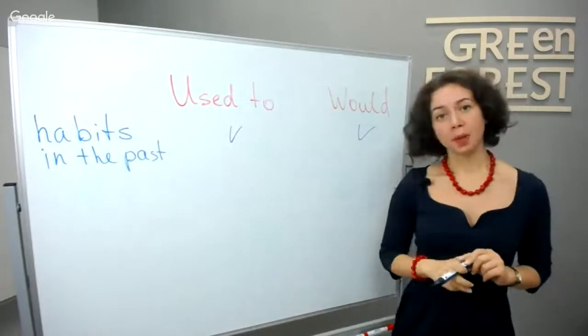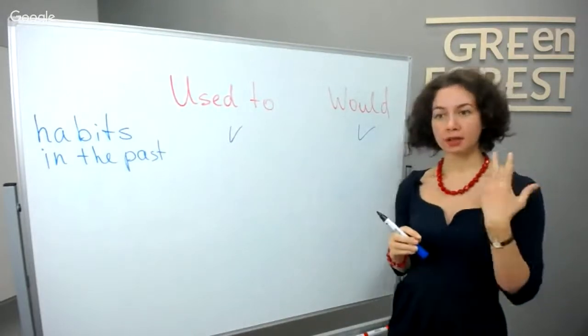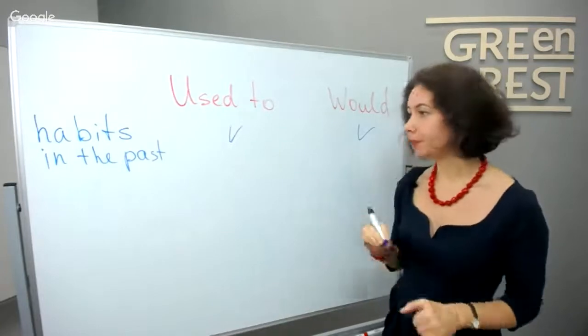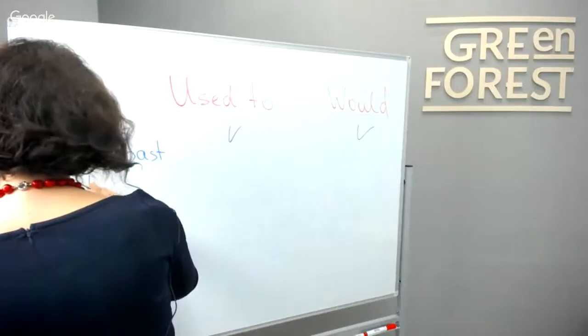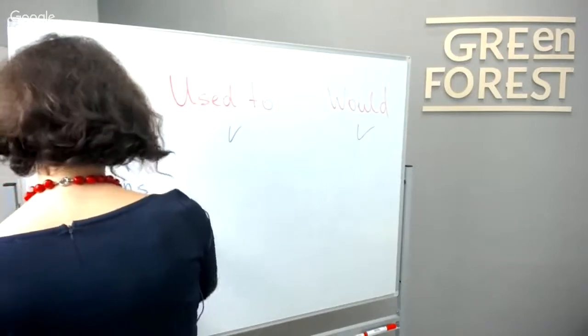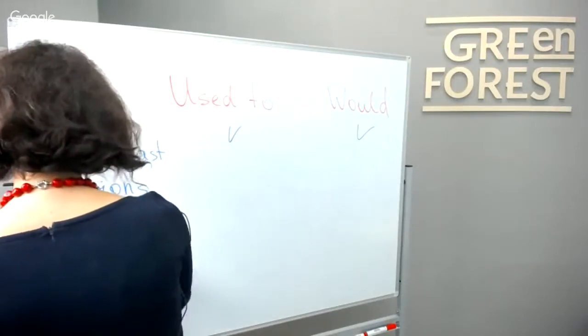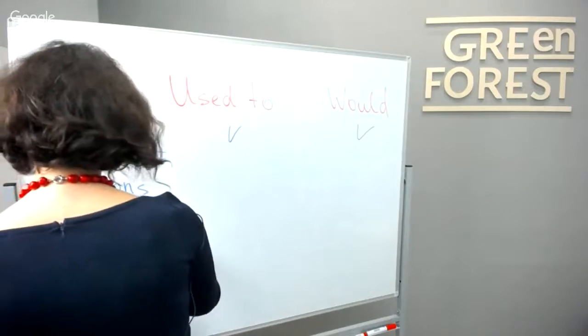These habits in the past can be expressed using 2 types of verbs. One type is action verbs, like run, go. And the second one is state verbs.